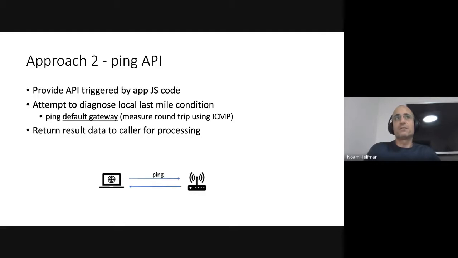And if a certain timeout has passed, it considers this a lost ping reply or something like that. And again, if we ping the default gateway, it would in most cases be our local network connection.